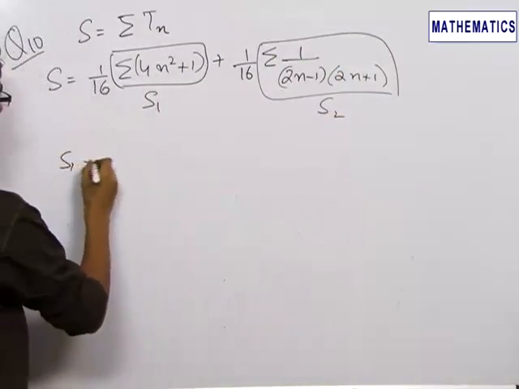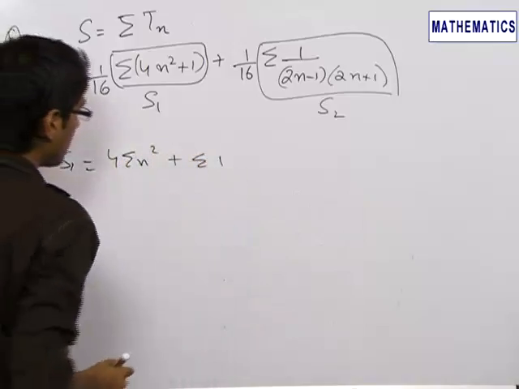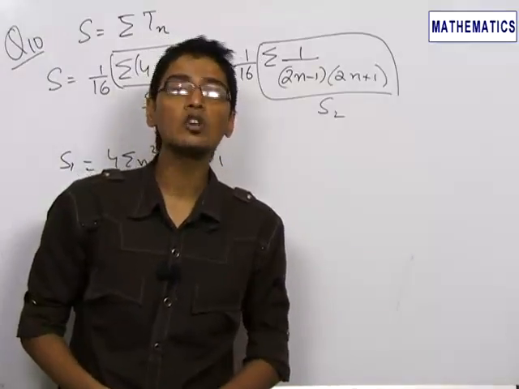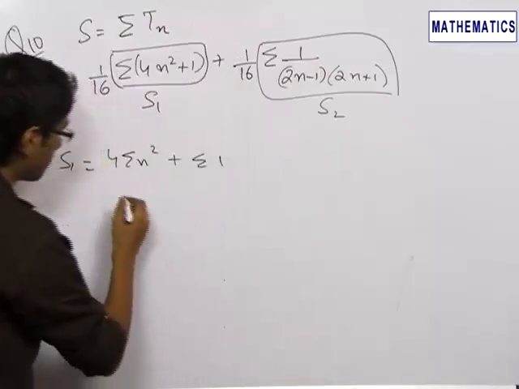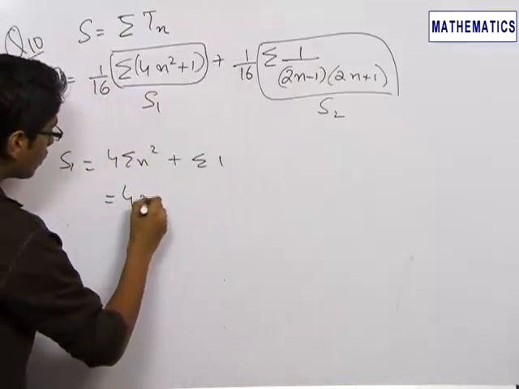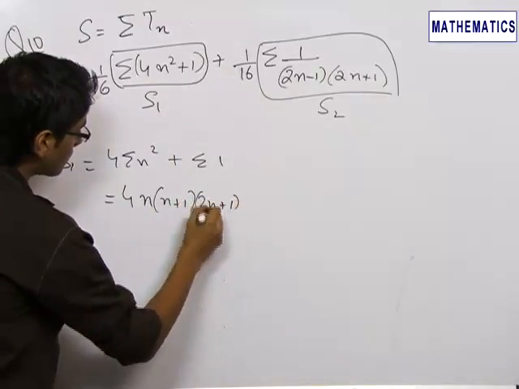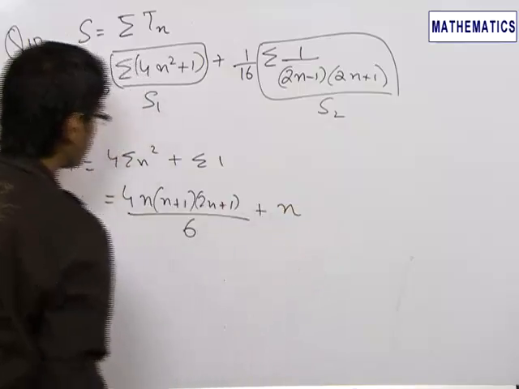Now S1 is 4 sigma n square plus sigma 1, and we know that sigma n square is n into (n plus 1) into (2n plus 1) by 6, and sigma 1 is clearly n, so we write this as 4 into n into (n plus 1) into (2n plus 1) by 6 plus n.